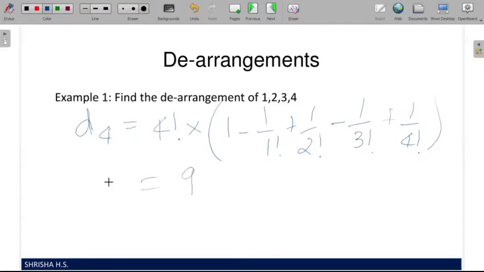Now we can see the next problem. We have another formula which we can apply and which is easy to apply.